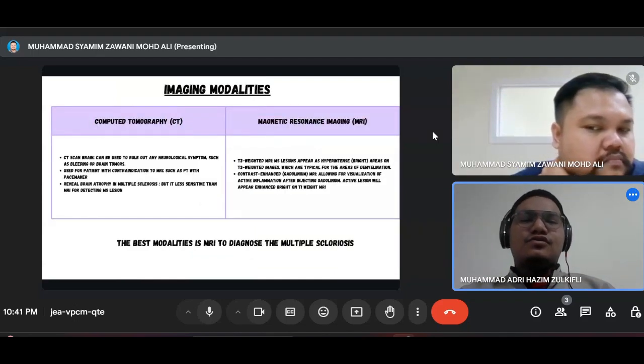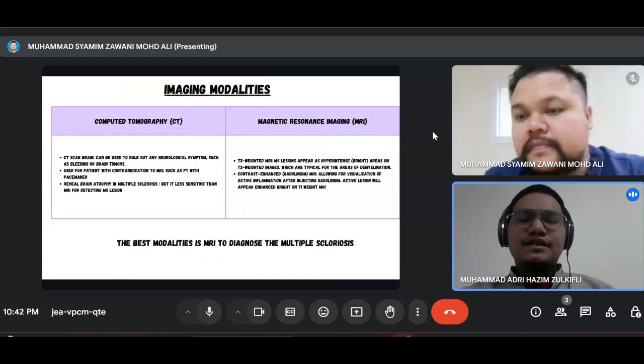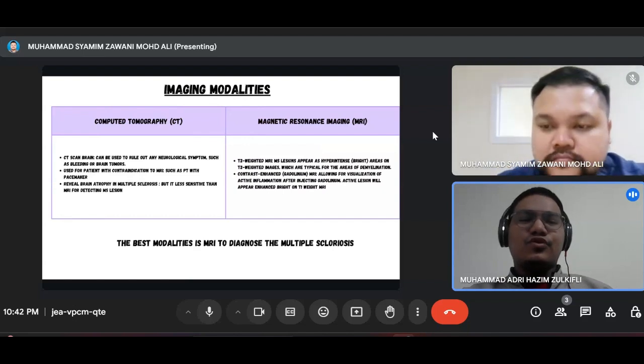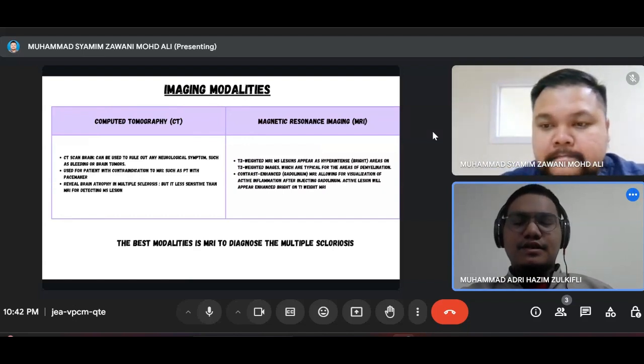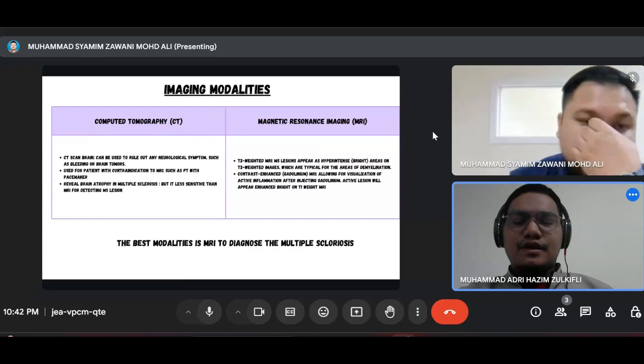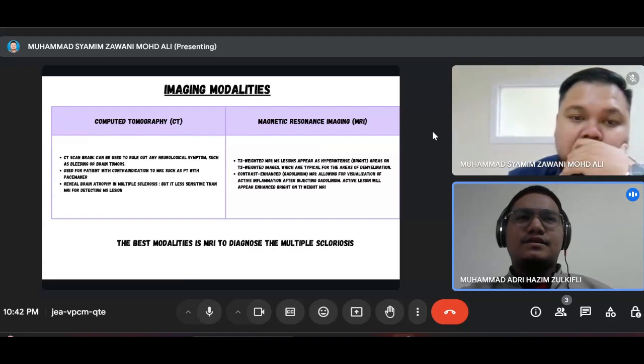Now we are going to discuss the imaging modalities that can be used to diagnose multiple sclerosis. First one is computed tomography. Computed tomography is not the best modality to use.